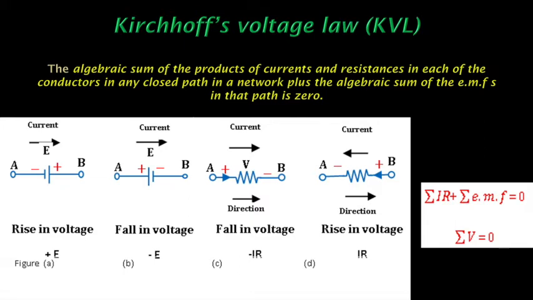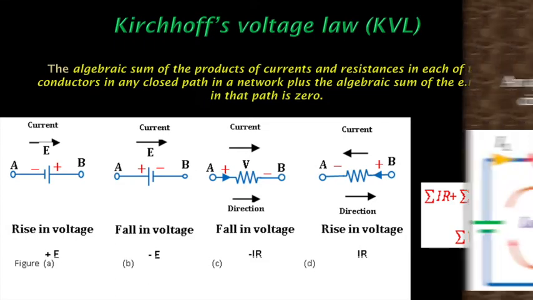If the assumed direction of current is not the actual direction, then on solving, this current will be found to have a minus sign. If the answer is positive, then the assumed direction is the same as the actual direction.